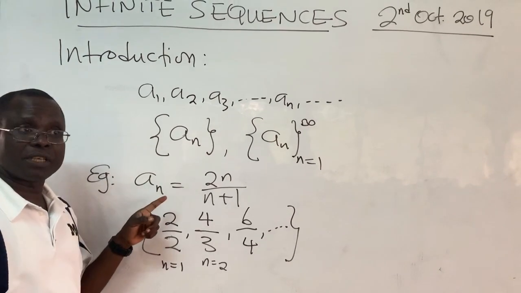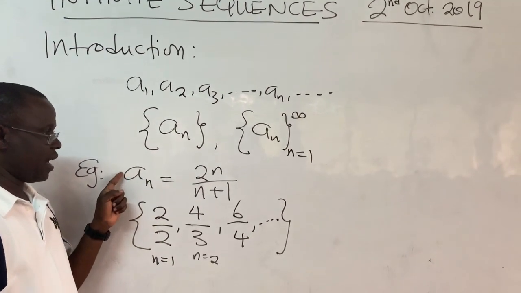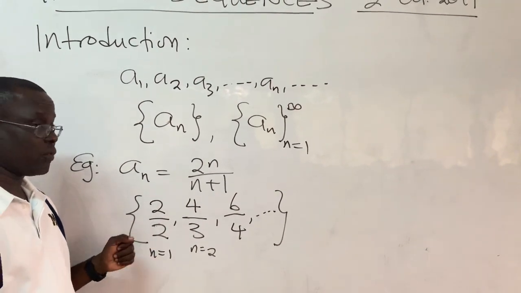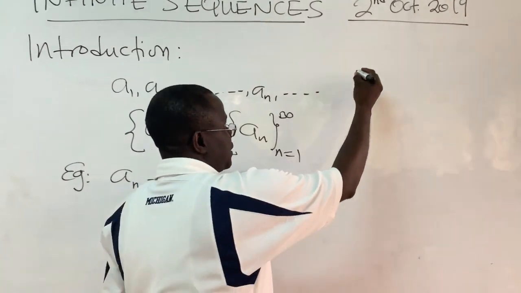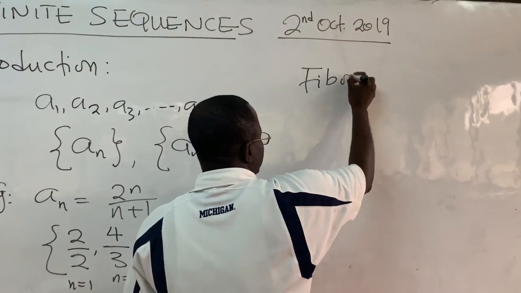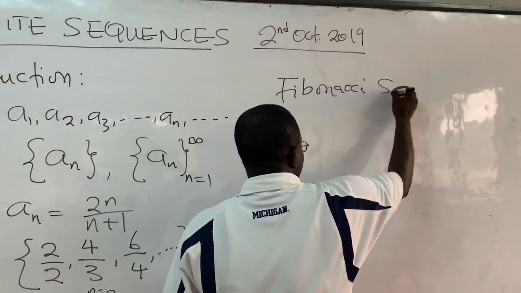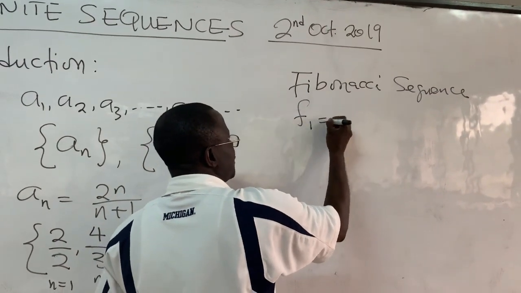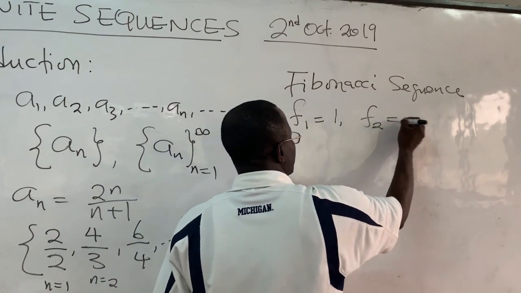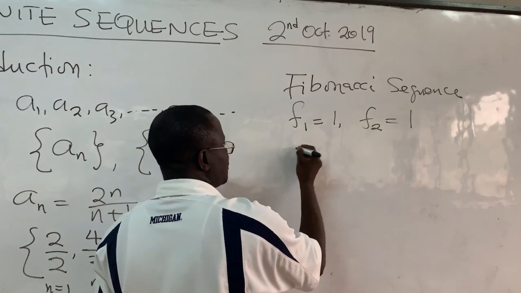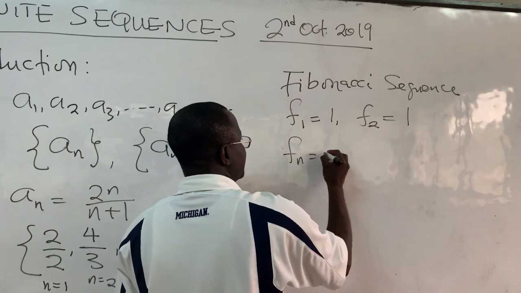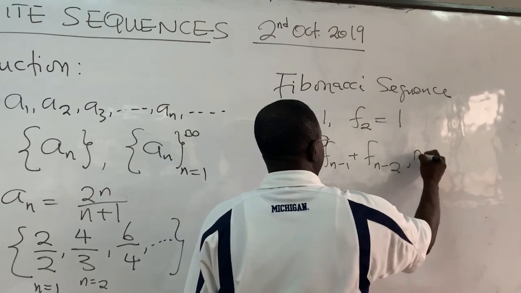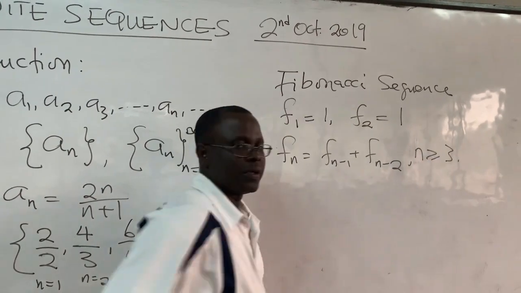Sometimes you don't have a single expression like this giving you the terms of the sequence. For instance, the Fibonacci sequence is given by the first term, which is 1, the second term, which is also 1, and then for subsequent terms, f of n is f of n minus 1 plus f of n minus 2. This is the case when n is greater than or equal to 3.